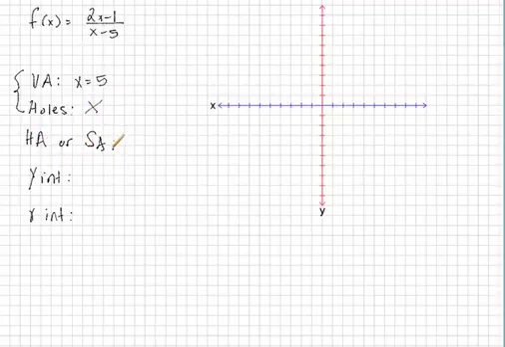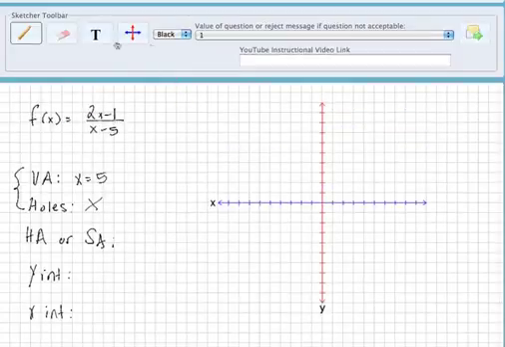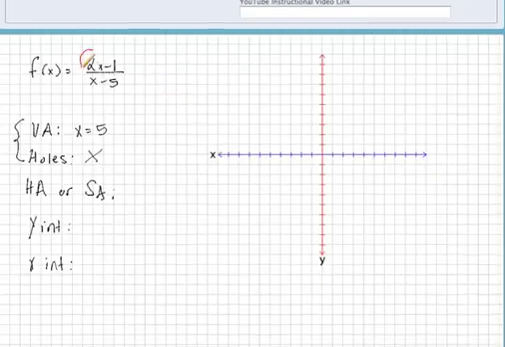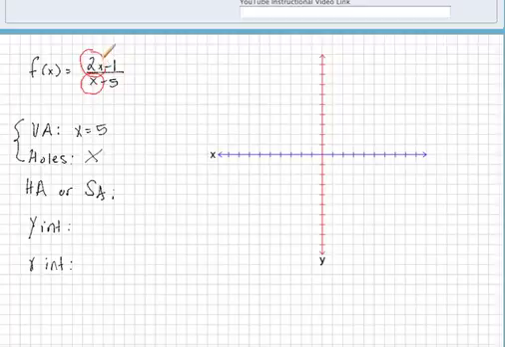Horizontal asymptotes or slant asymptotes. For that, we are going to look at these first two terms. So on the top and the bottom, I'm going to check what is the exponent of the first term on the top. It looks like it's 1. And what is the exponent for the first term on the bottom? It looks like it's 1. It's just x to the 1 in both cases.